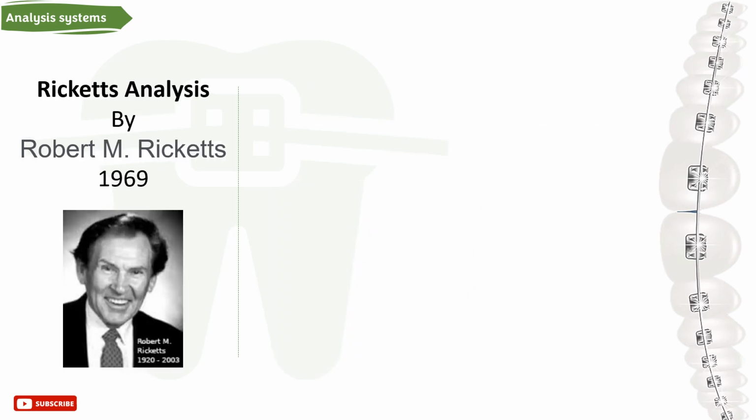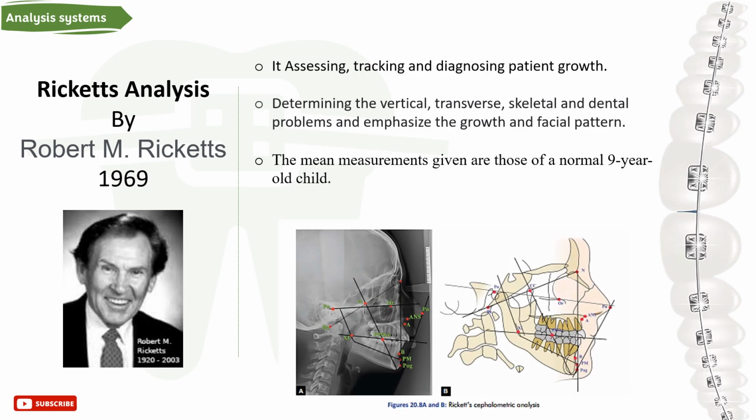Ricketts analysis. It is one of the most important methods in assessing, tracking, and diagnosing routine patient growth pattern in the craniofacial complex. It is also helpful in determining the vertical, transverse, skeletal, and dental problems and emphasizes the growth and facial pattern.